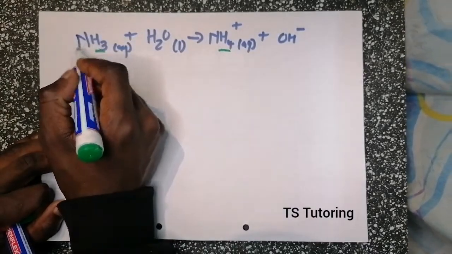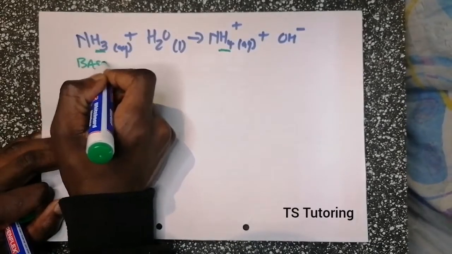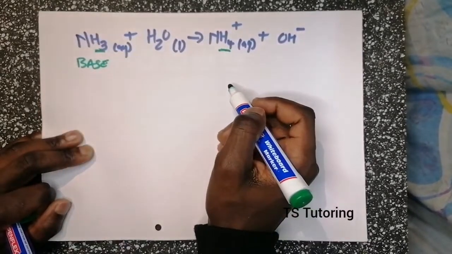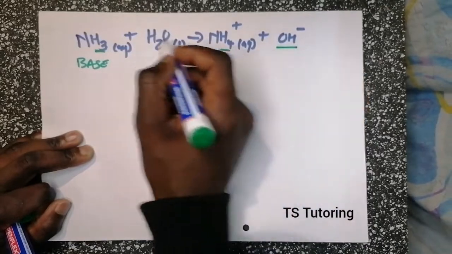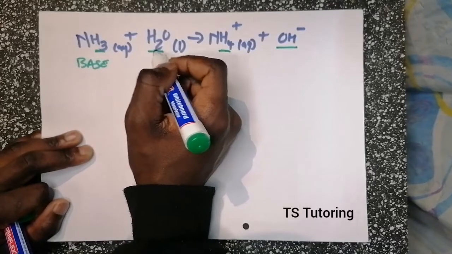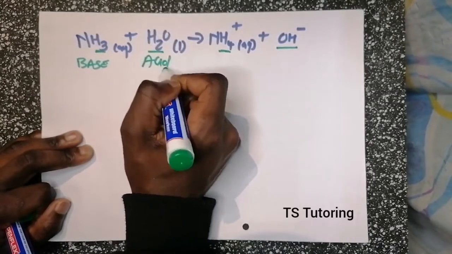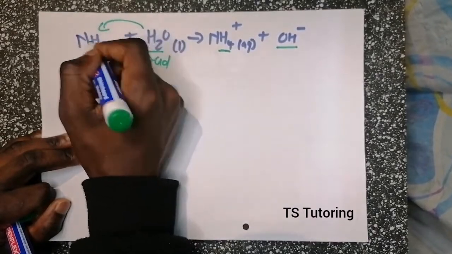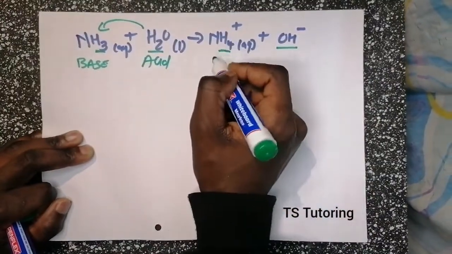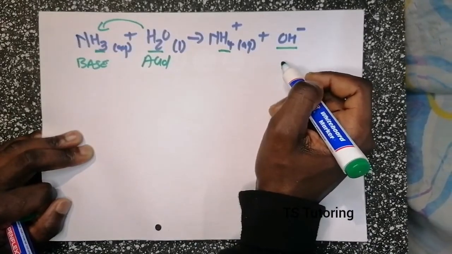It means this must have been a base. It accepted the proton. And now OH is alone here, but here there was another hydrogen. So it means that this water molecule served as an acid. It donated the proton to ammonia, and ammonia formed ammonium ion and hydroxide ion.